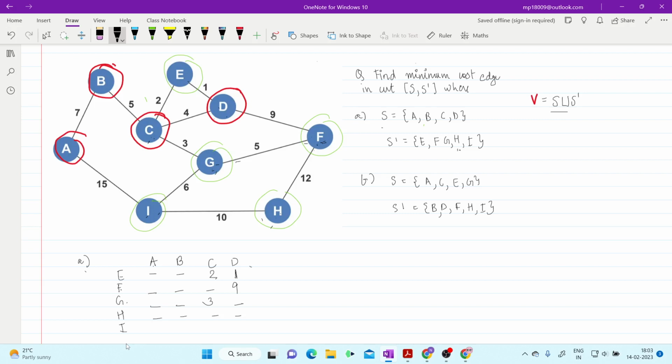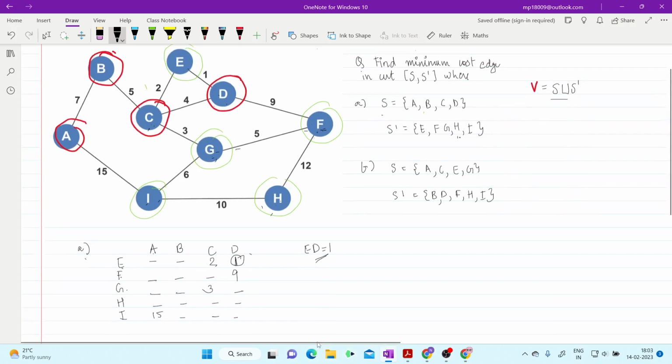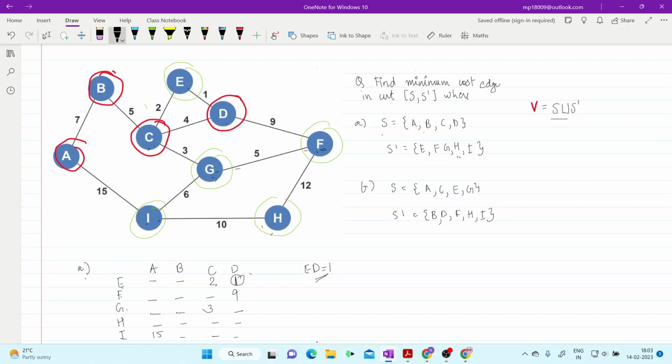And for I, we have IA. So in this cut, what is the minimum cost edge? ED, which is 1. So this was the first cut. Now similarly we have this other cut.